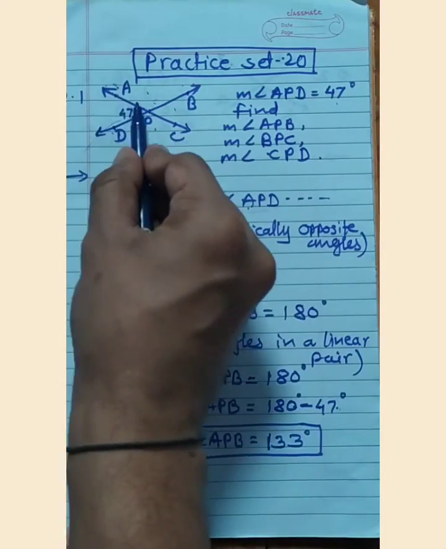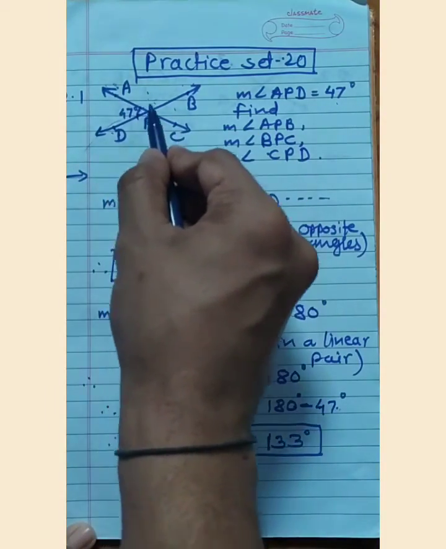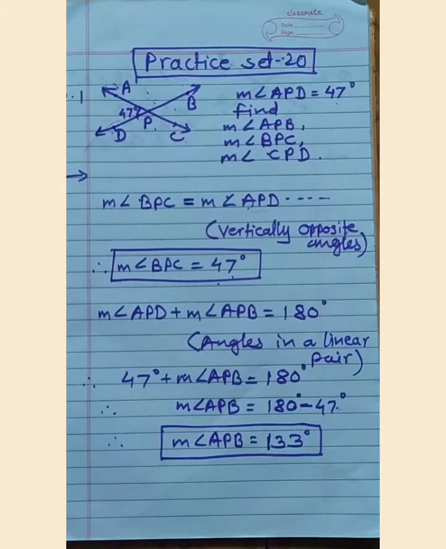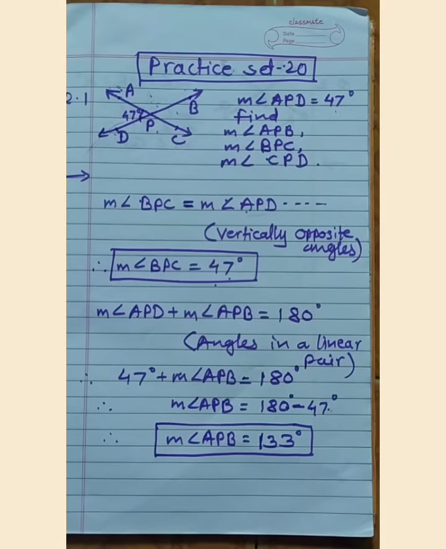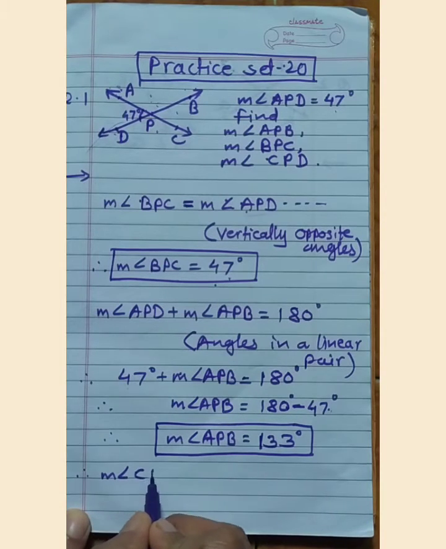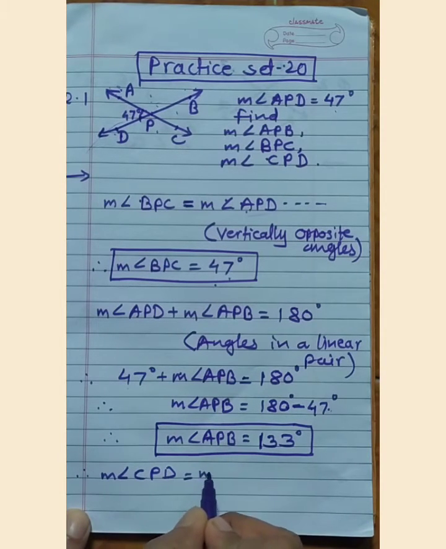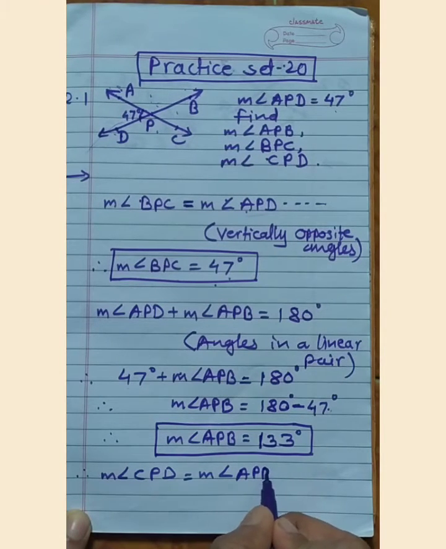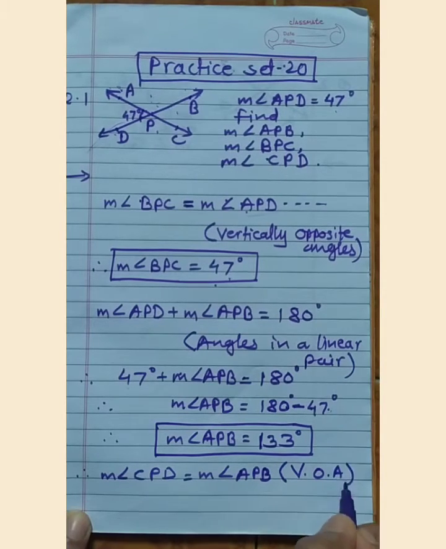If you see angle APB and angle CPD, these two angles are vertically opposite angles, and we know that vertically opposite angles are equal in measure. So here we can write measure of angle CPD is equal to measure of angle APB. You can write the reason here: vertically opposite angles.